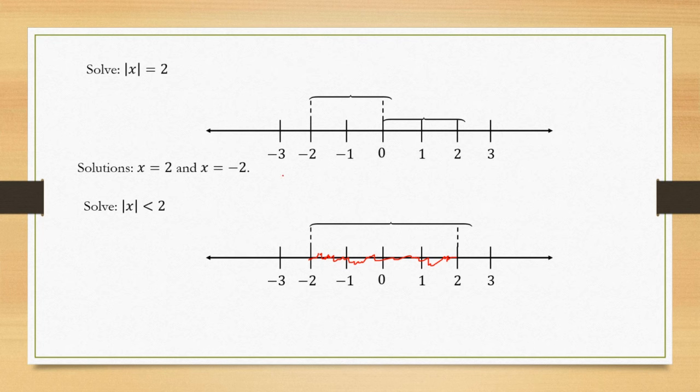So we're not just going to get 1 or 2 numbers here. We're going to get infinitely many, namely all numbers between -2 and 2 are solutions to this inequality. So everything between -2 and 2 is a solution. In other words, every number in this interval.